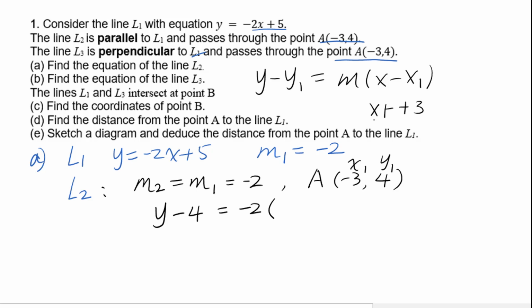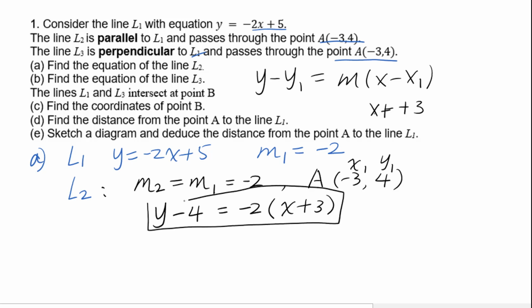Negative will be a positive, so we write down x plus 3. Since they didn't ask you to change this equation into a specific form, you can just leave it as it is. This is your answer for A.